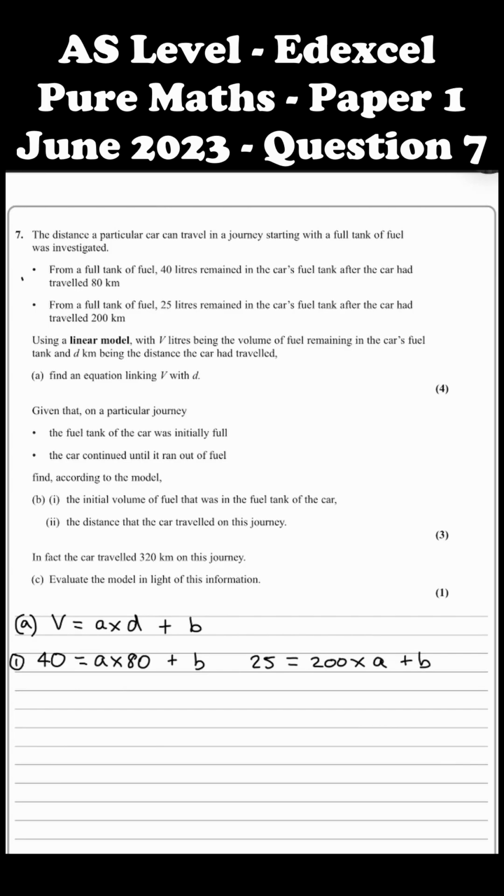We'll call this equation 1 and this equation 2. I'm going to do 2 minus 1. So what I'm going to get is 25 minus 40 is minus 15 equals 200A minus 80A gives 120A. B minus B gives you nothing. Therefore, A is going to be equal to minus 1/8.